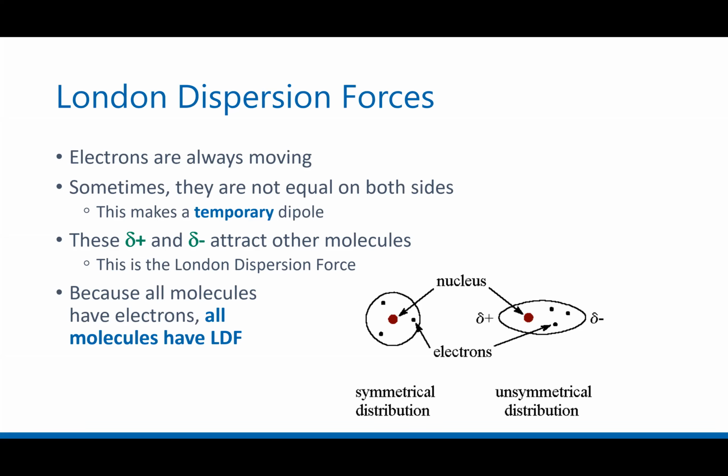So what is it? London dispersion can be simply explained as a very weak dipole-dipole force. Now, what do I mean by dipole-dipole? I mean like polar. Remember yesterday or the day before, we talked about polar molecules? Well, London dispersion is like a weak version of that. It's not quite polar, but it does form a temporary dipole. A temporary dipole means it's not permanent. The reason that happens is because in every molecule, the electrons are moving rapidly.